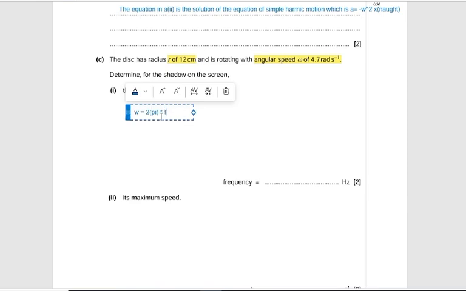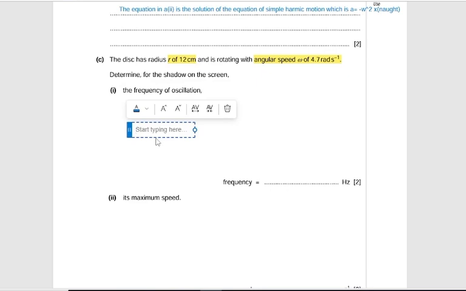The reason why we're using this is because we know that it's simple harmonic motion, and it's performing a circular motion, so we can apply this. Then you just plug in the values. Omega has been given to us as 4.7, equal to 2 pi into frequency, which we have to find.